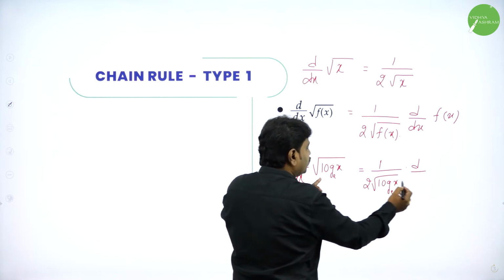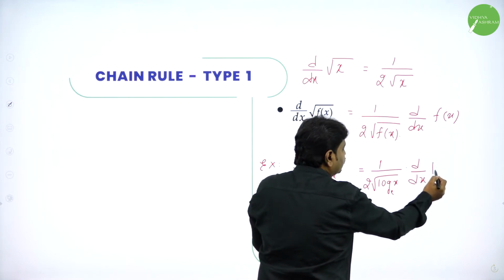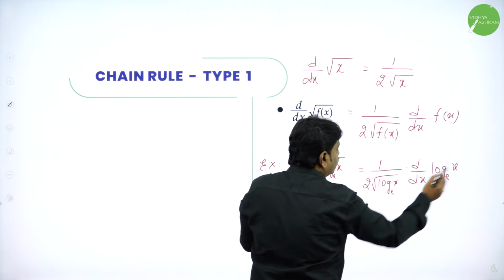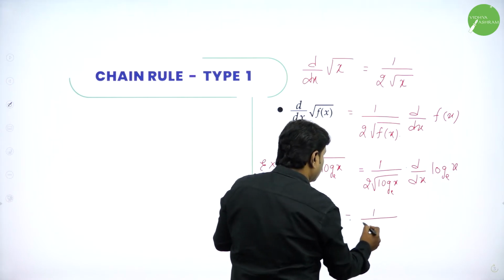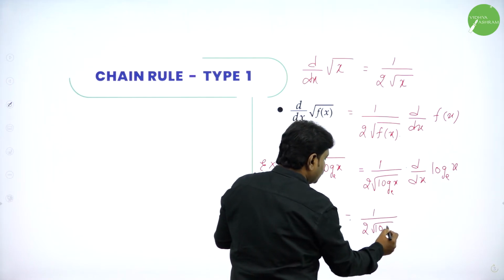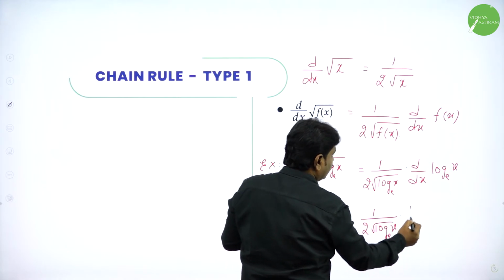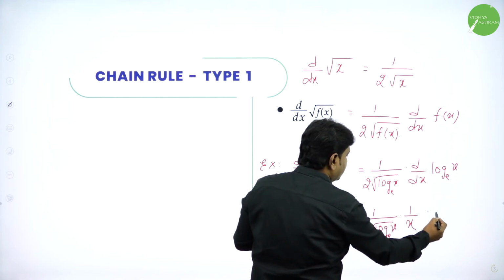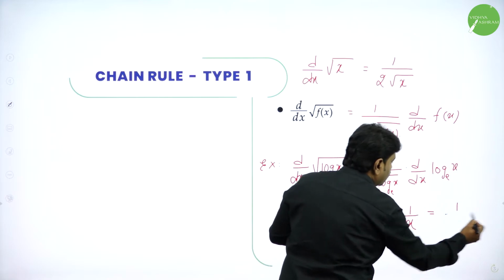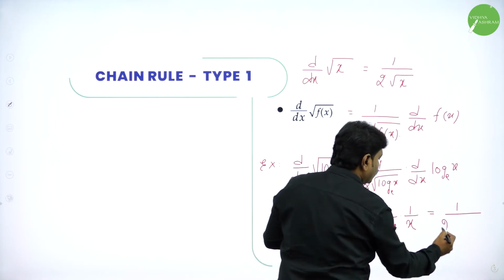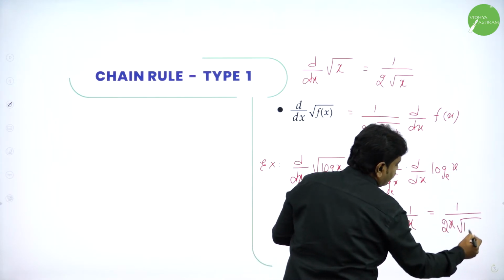This is a function of x, into d by dx of log x. The chain continues. That is 1 by 2 root log x into the derivative of log x, which is 1 by x. So the final answer is 1 divided by 2x root log x. This is the final answer.